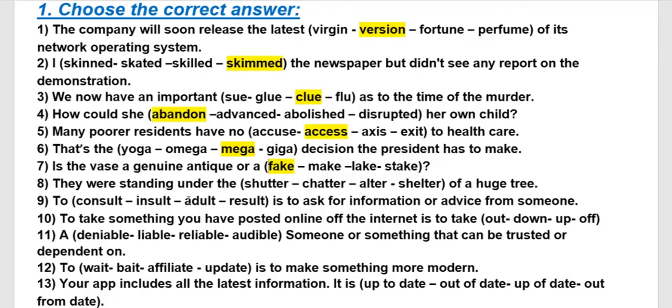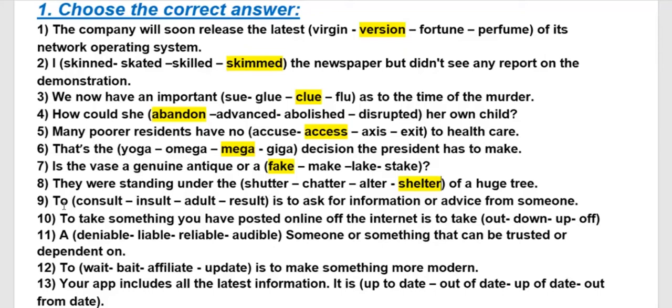They were standing under the shelter of a huge tree. Shelter, the protection of. As for shutter, a mechanical device on a camera.